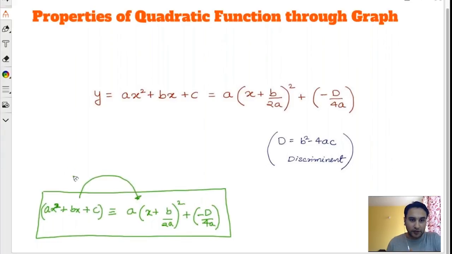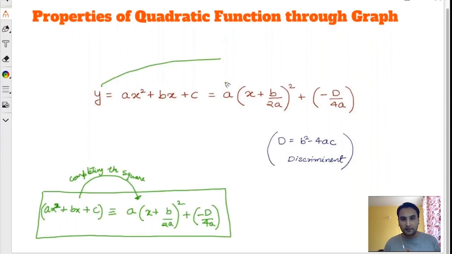By the method of completing the square, which you just did using numerical values. This is the method of completing the square. But if this happens, so your y equal to ax square plus bx plus c can be written like this. But can't I write it like this?